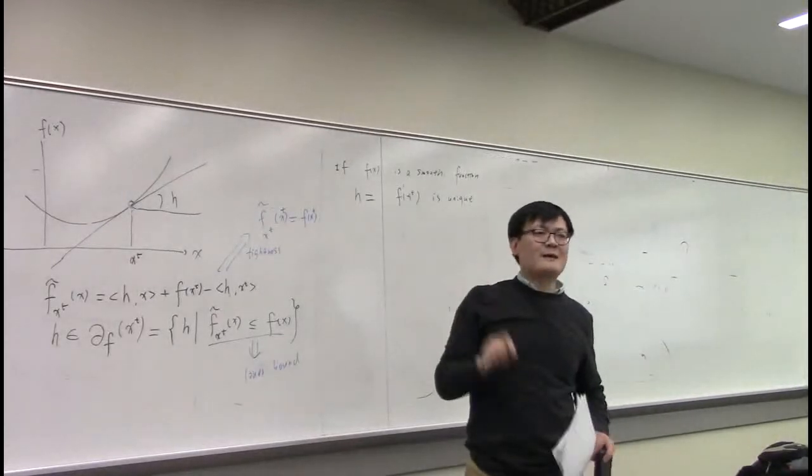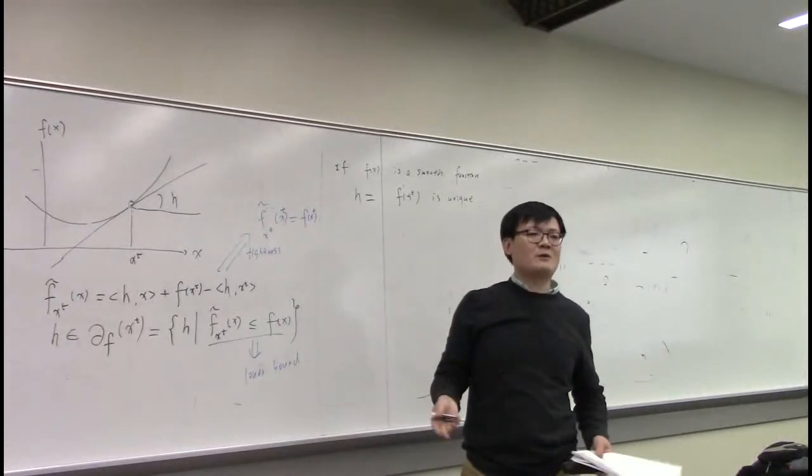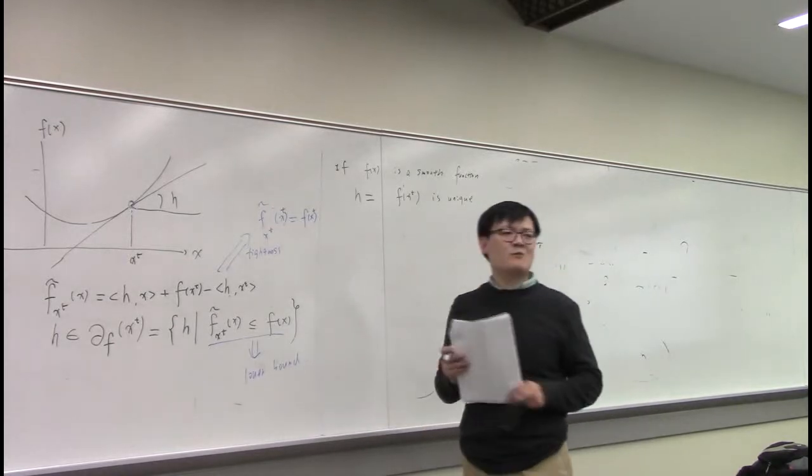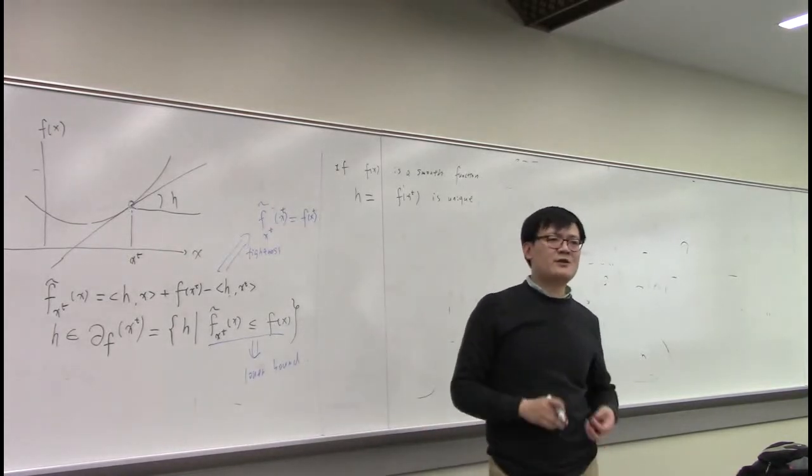submodular function is non-smooth. It's a discrete function. So that's why we need to ask the question: what if the function is non-smooth?